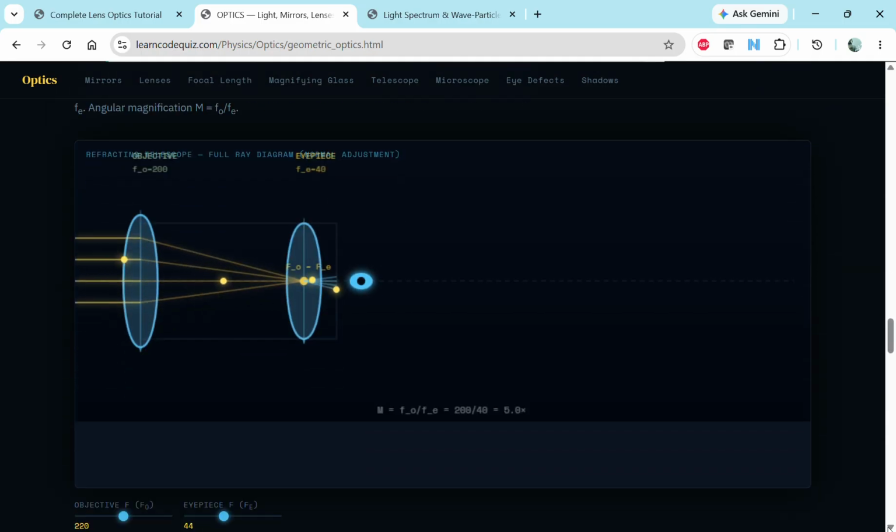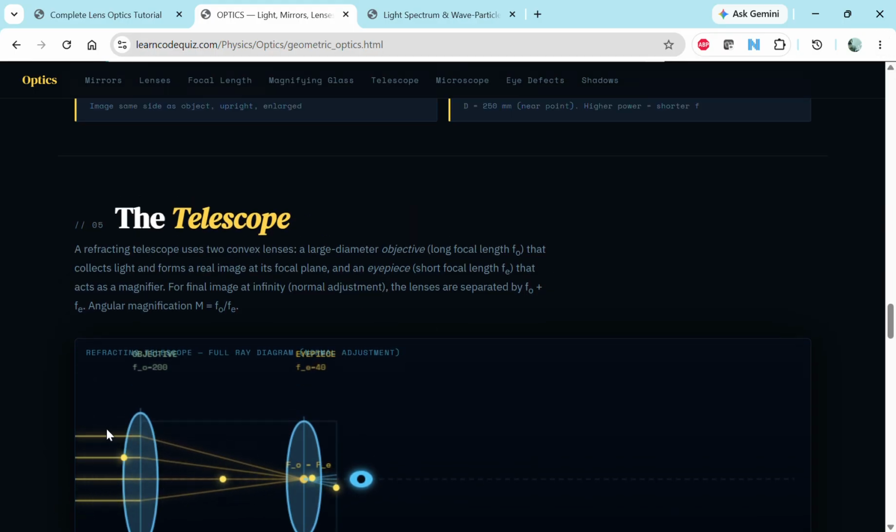you see the telescope, what's going on. First of all, you have these parallel rays coming in, and those parallel rays form a real image at the focal plane. And an eyepiece has a very short focal length that acts as a magnifier. So you have seen the magnifying glass, how it works.